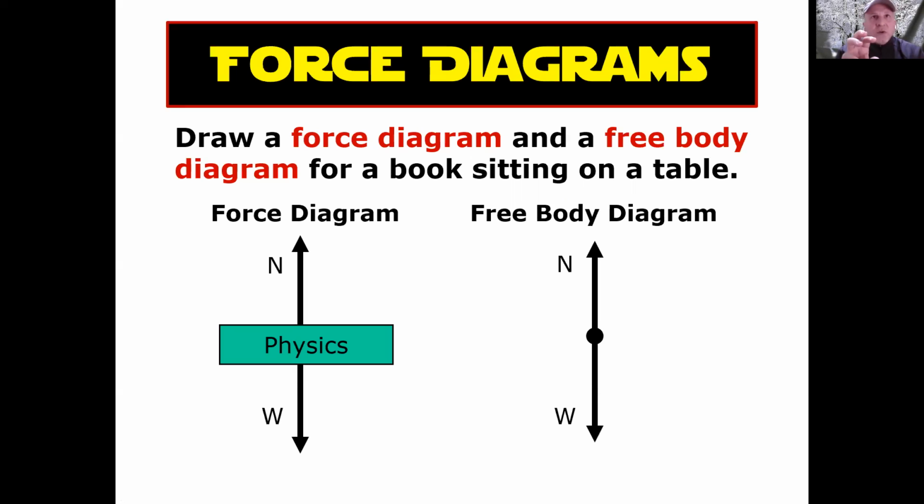So what we do is we say all the forces are acting on just that one point, because the effect of the forces on all the different aspects of the object is really not the same across the board, and that would make it really tricky for us to do any kind of physics problems. It doesn't matter which one you draw; you can do it either way. If you're short on time, draw a dot.